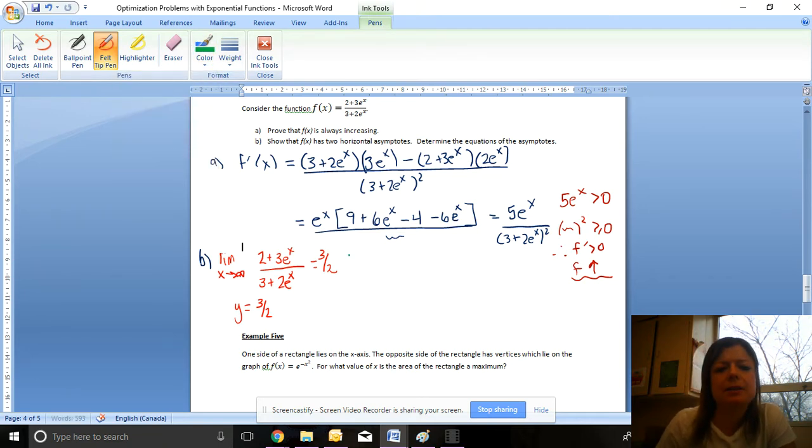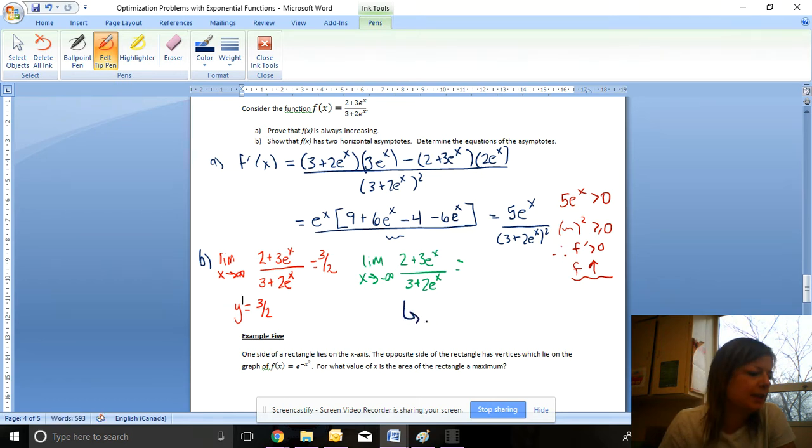But what happens to this function at negative infinity? Okay, so think about it. We're going to put our result here, but let's think about this. We're going to get 3 e to some really, really negative x over 2 e to some really, really negative x, okay? Because these additions here don't really matter.